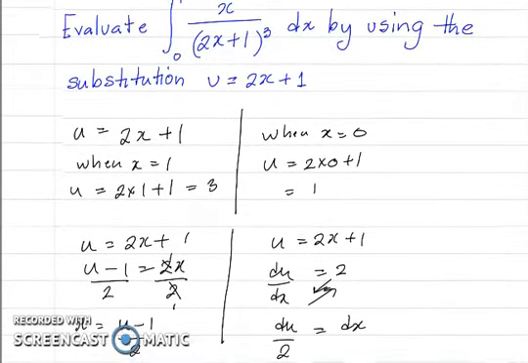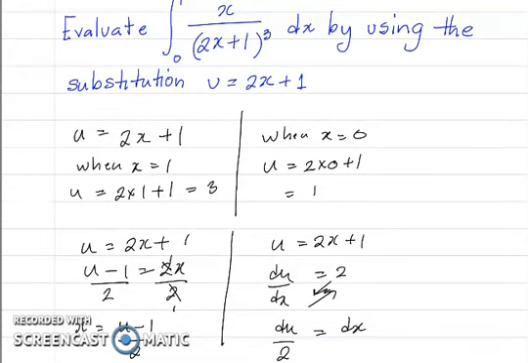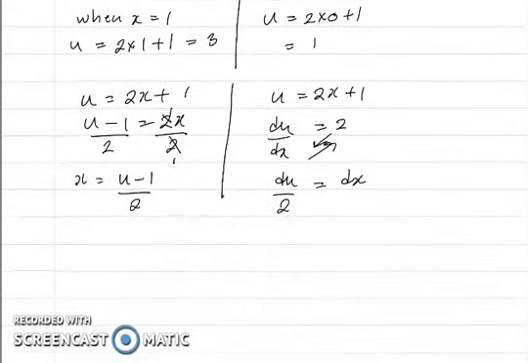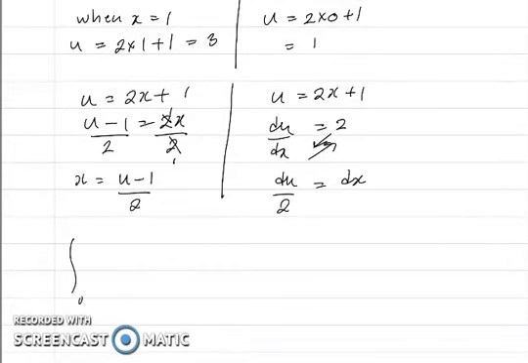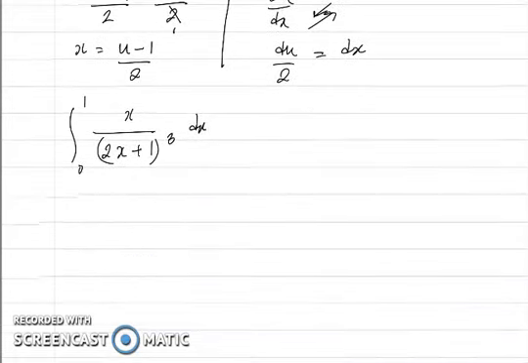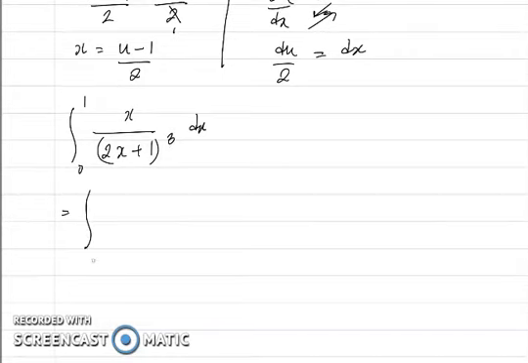So the integral from 0 to 1 of x over 2x plus 1 raised to the third power dx could be written as the integral from 1 to 3 of x, but x is what? u minus 1 over 2, divided by 2x plus 1 to the third power.